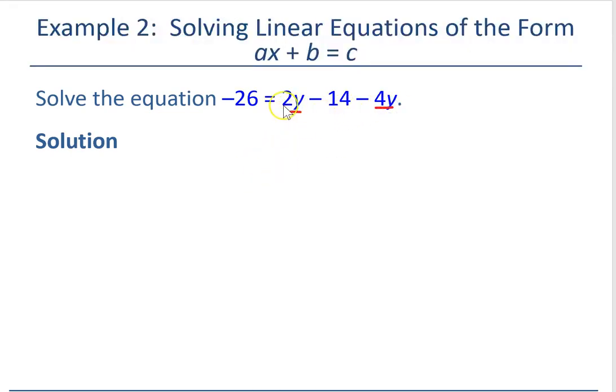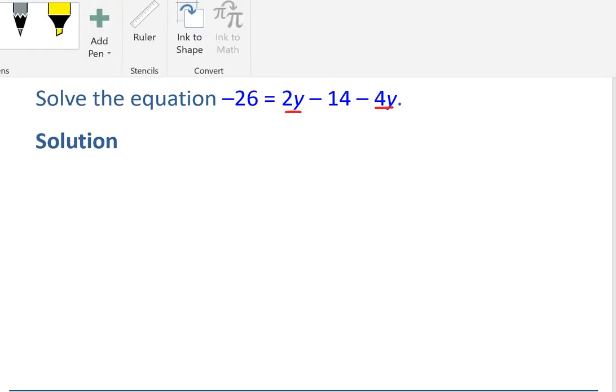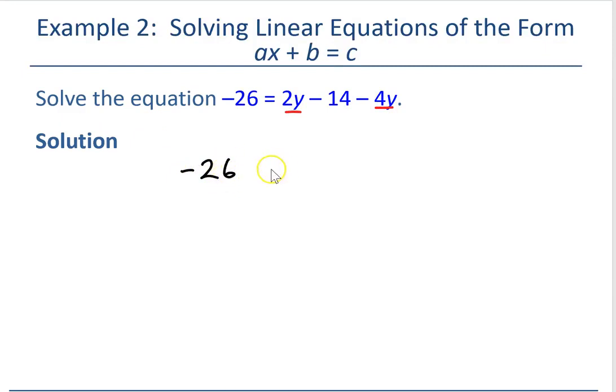So combine those: I get 2y minus 4y, or you can do negative 4y plus 2y, doesn't really matter. Let's rewrite the whole equation: negative 26 equals, well, I like to keep my variable up front, so I'm going to have negative 2y minus 14.